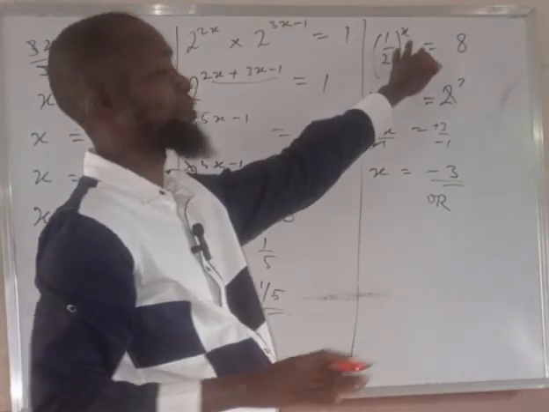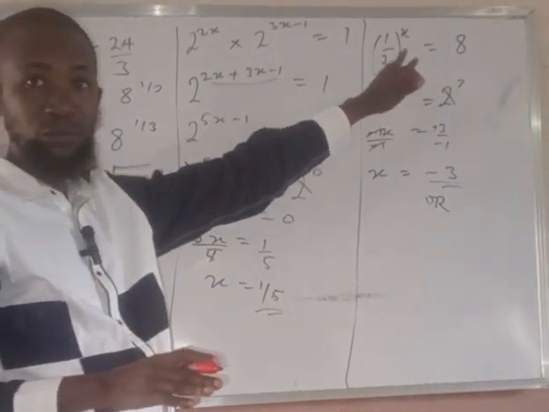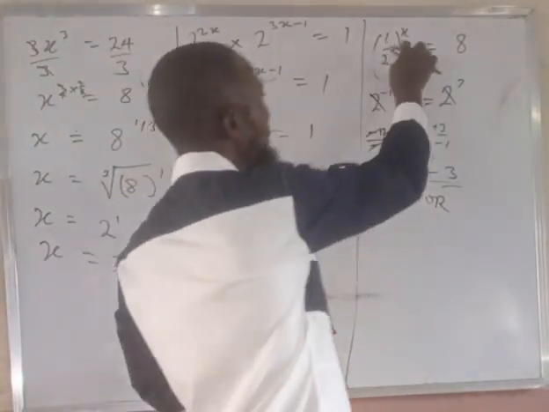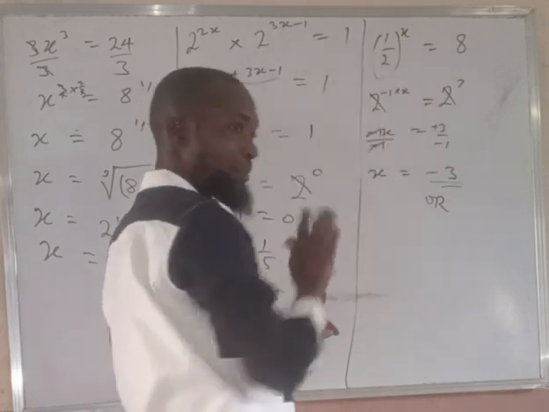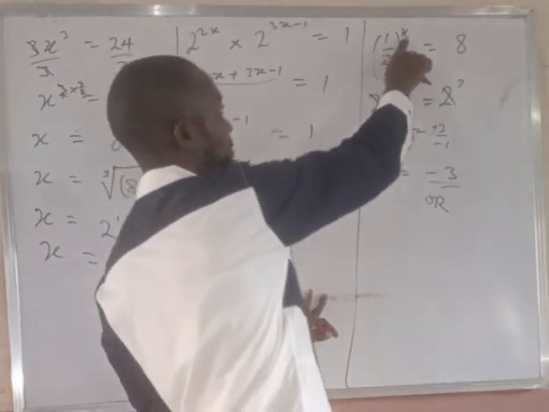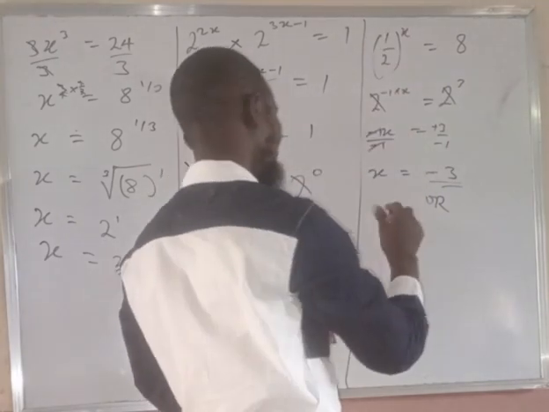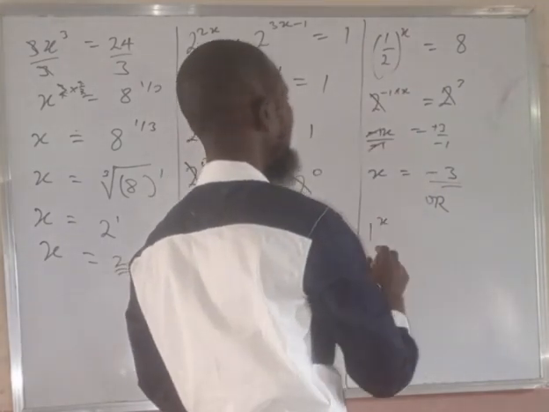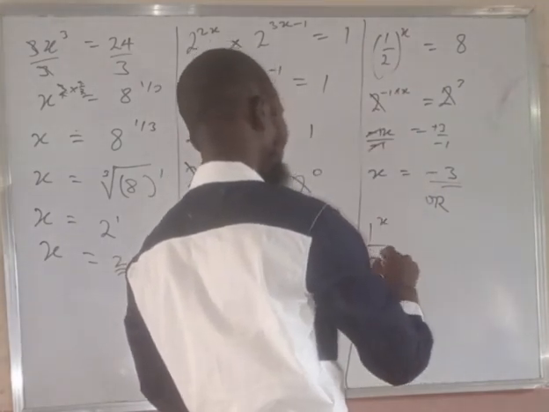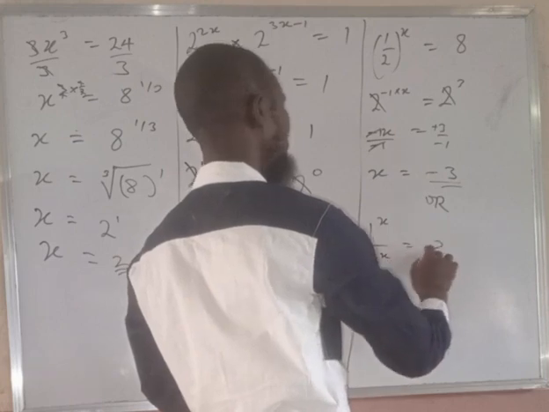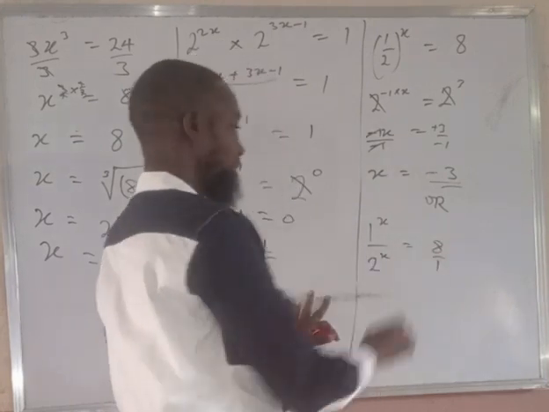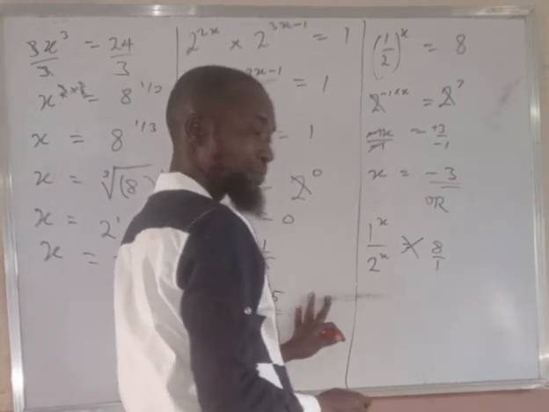Or, if you wish to use your cross multiplication, do you know what you will do? First of all, this power must be given to them differently. I remember I told you that time that we distribute this power to this and this, abi. You can as well say 1 raised to power x over 2 raised to power x is equal to 8 over 1. You can now cross multiply.